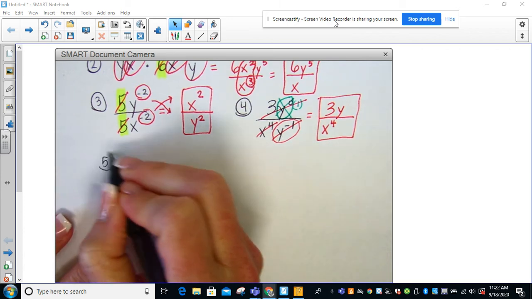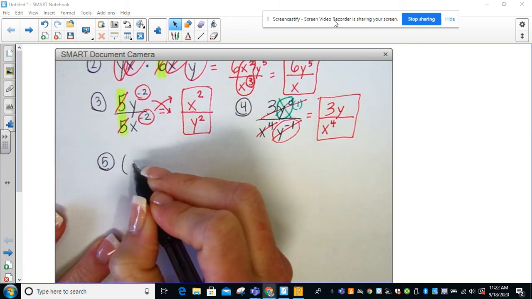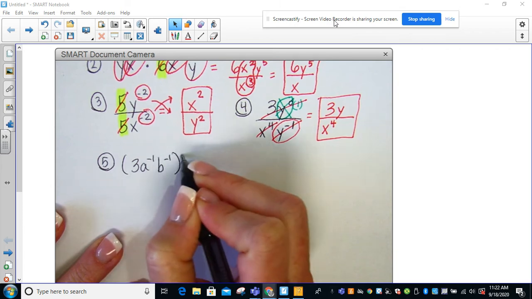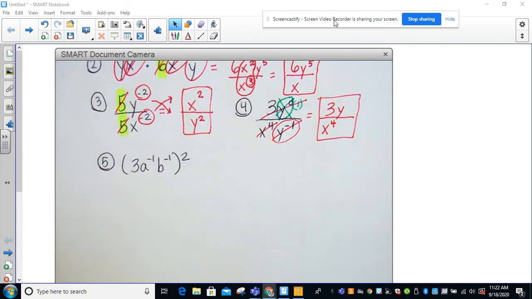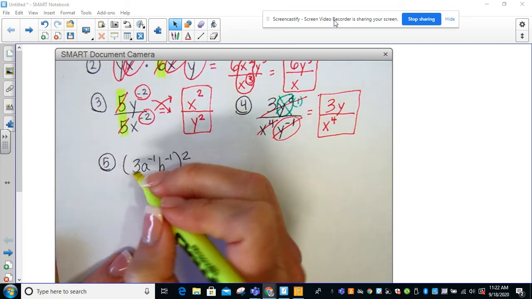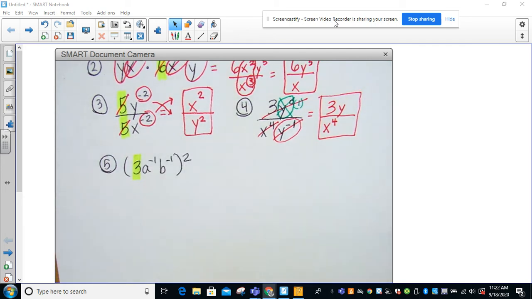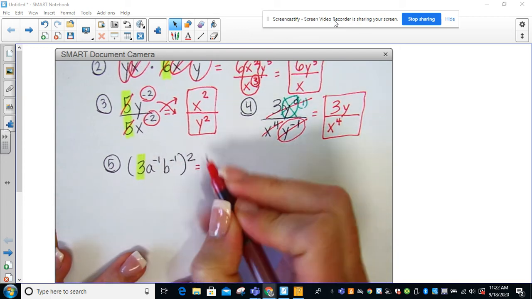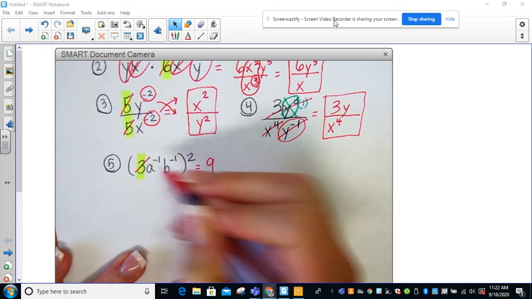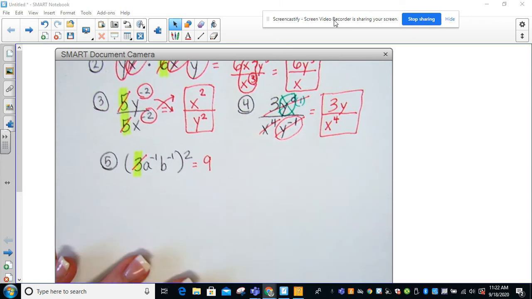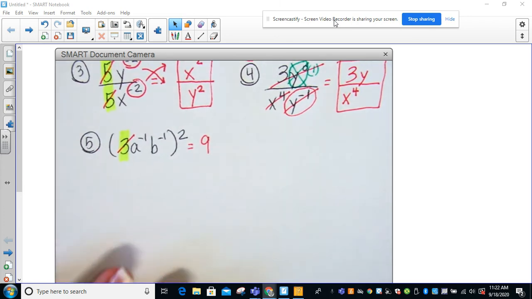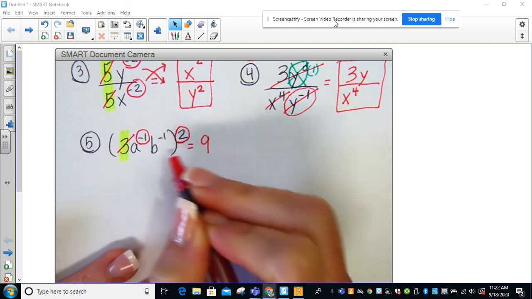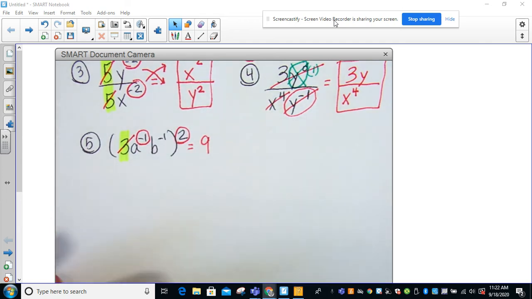Finally, we're going to do two product rules. 3a to the negative first, b to the negative first, all squared. Again, first we look at the 3, and we have to square it as well. So 3 squared is actually 9. So now the 3 is taken care of. So now we're going to do a power to a power here, power to a power. We'll deal with the fact that it's negative in a minute.